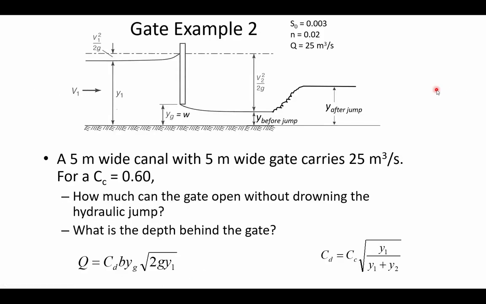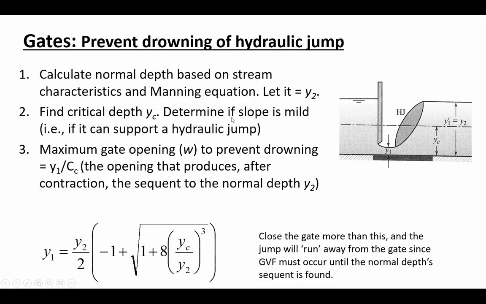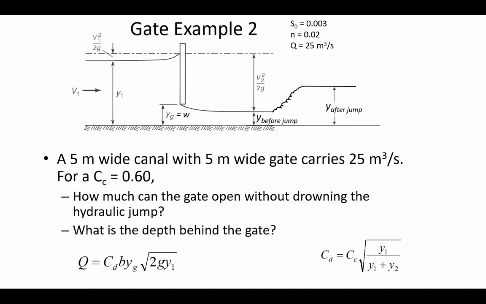I've given you the parameters that you'd need for Manning's equation to find out the normal depth. So this is a rectangular channel that is 5 meters wide. And so the first thing that you need to do, according to that step-by-step process that I show you here on this slide, step 1, calculate the normal depth.